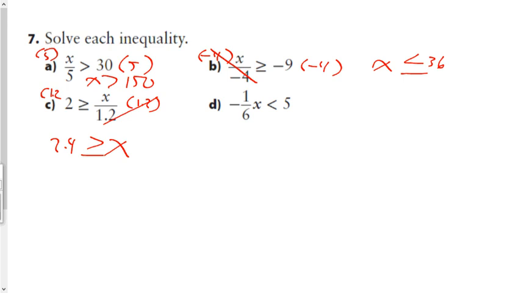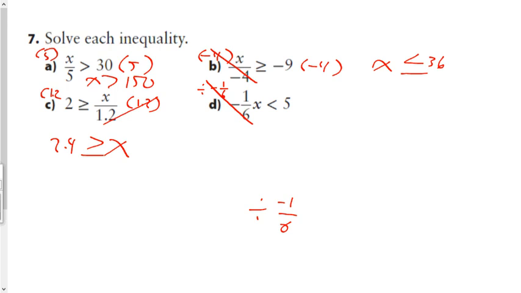And finally, I'm going to divide by negative 1/6. Does anyone know what dividing by a sixth is the same thing as? You want to multiply by the reciprocal, correct? If I say divide both sides by negative 1/6, you understand that gets rid of the multiply by negative 1/6, correct?